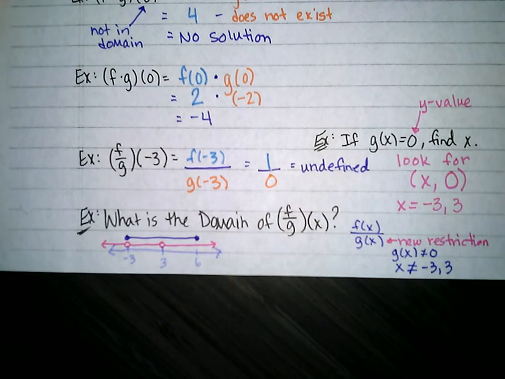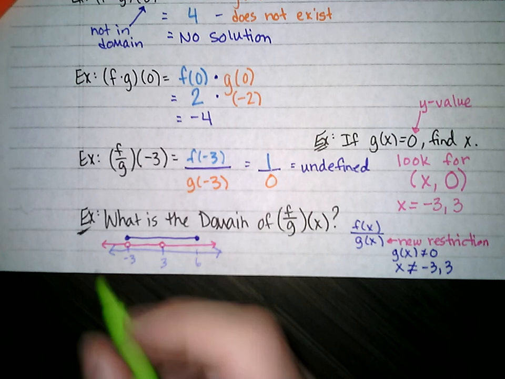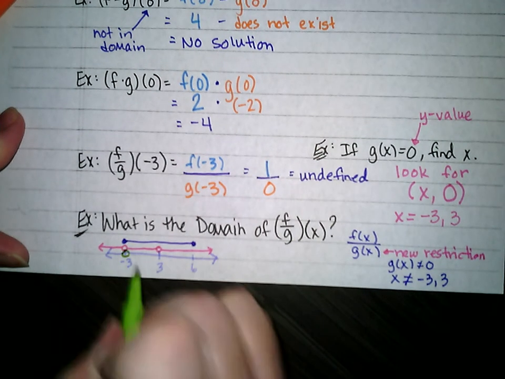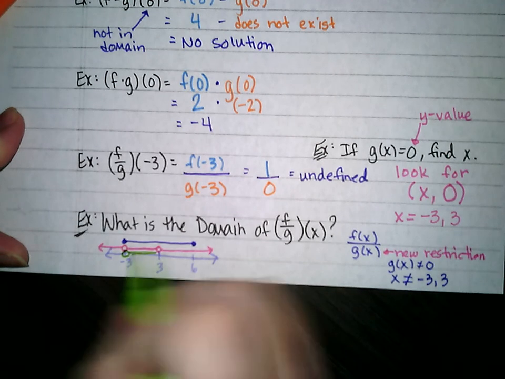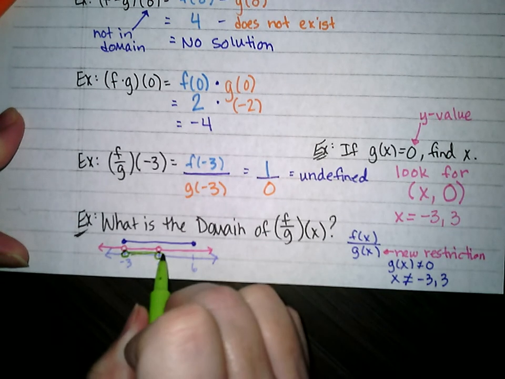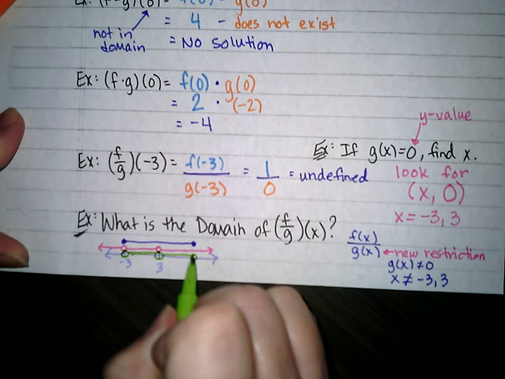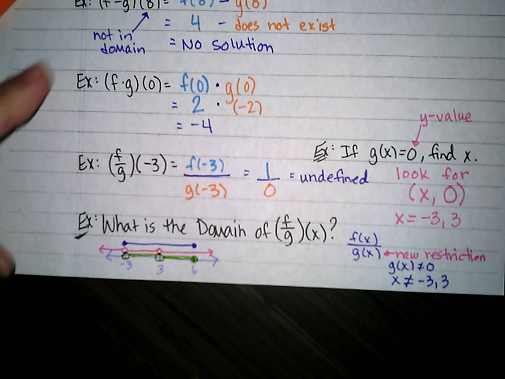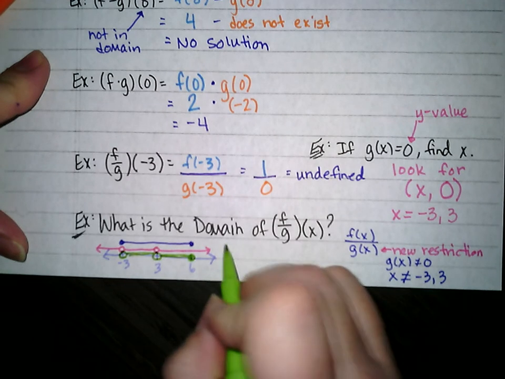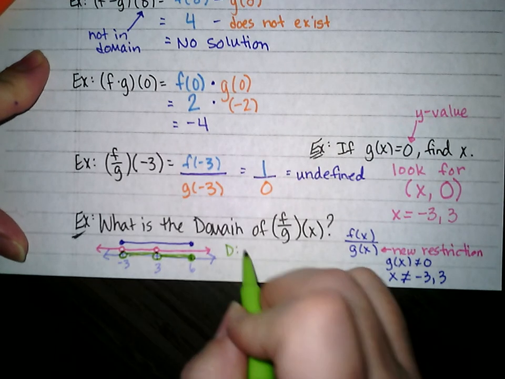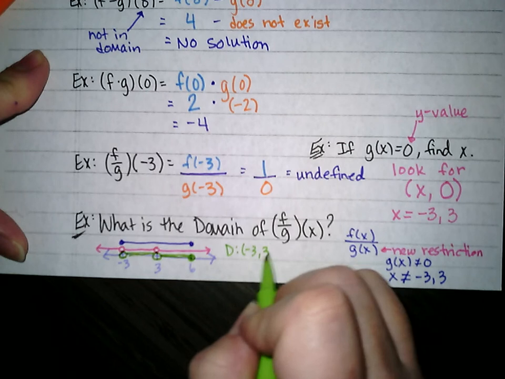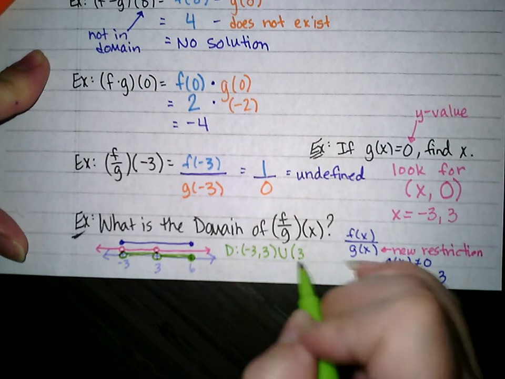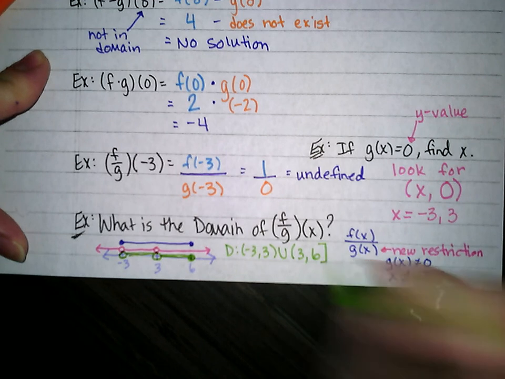So when I combine that all together, my combined domain is going to go here, open circle at negative 3, across to here, another open circle at 3, across to here, and a closed circle at 6. So I have 2 sections, which means I need 2 intervals. So that domain would be open from negative 3 to 3, skip over 3, and then open at 3 and go to 6, but it's closed at 6.